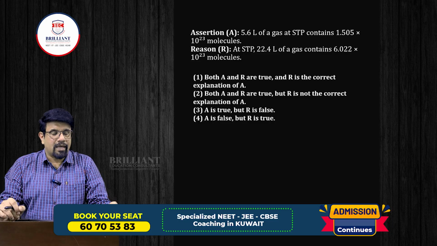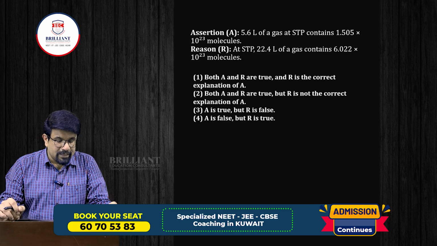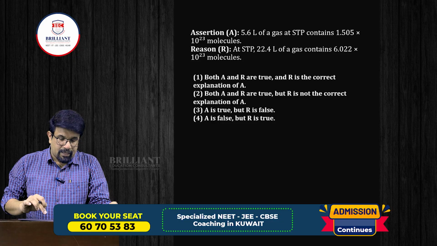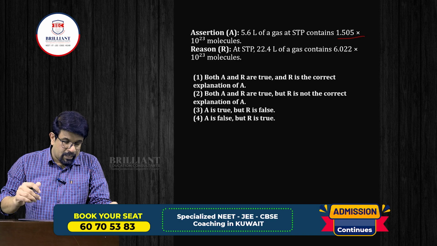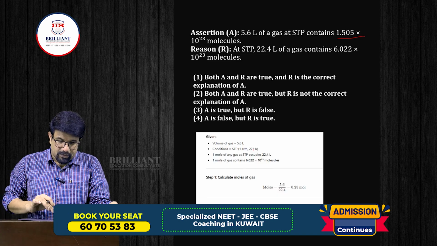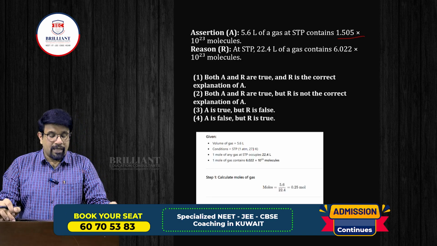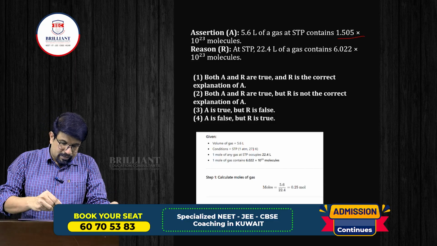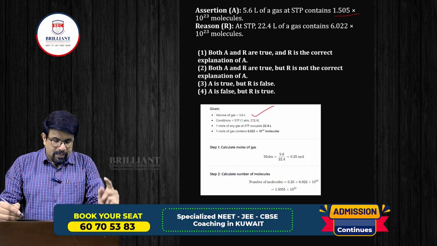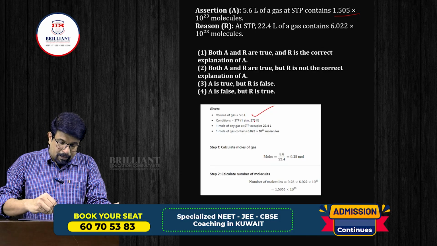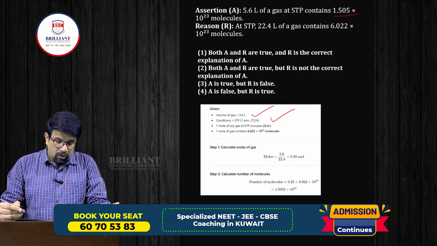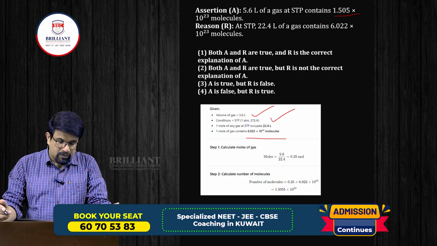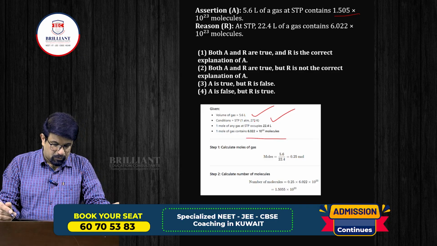Then what is the correct answer here? We can check that. The volume of the gas given is 5.6 liter at STP, standard temperature and pressure, 1 atmospheric pressure and 273 Kelvin. 1 mole of a gas contains 6.022 into 10 raised to 23 molecules.